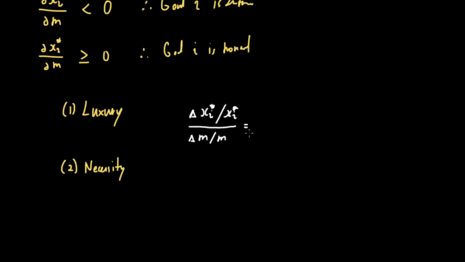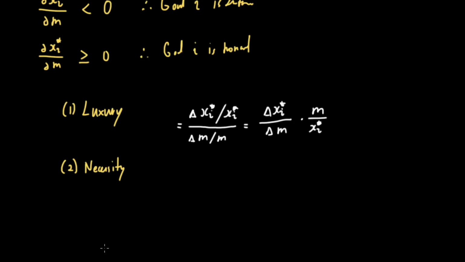And we could actually simplify this. What we'll get is the change in x sub i star over the change in m multiplied by m over x sub i star.